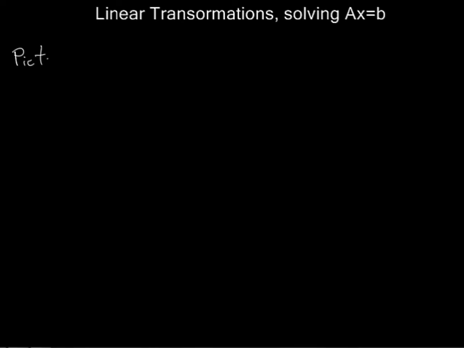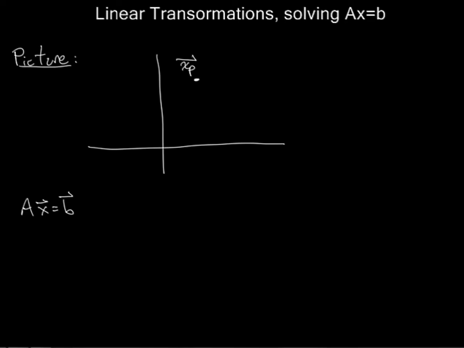So what we conclude is the picture looks something like the following. In R2, suppose I'm trying to solve Ax is equal to b. Well, I find a particular solution, some non-zero vector xp, and suppose all of the solutions to the homogeneous equation are a subspace, so they look like this subspace, say, of R2.